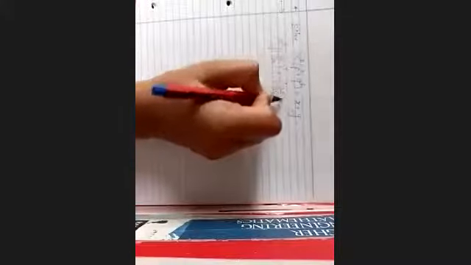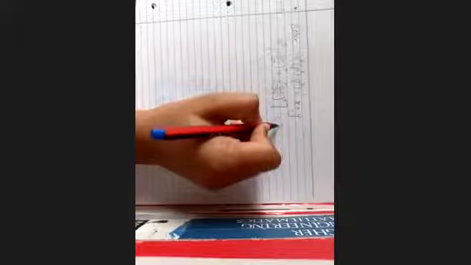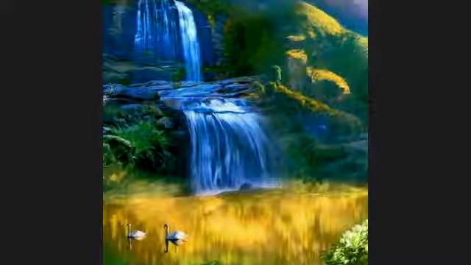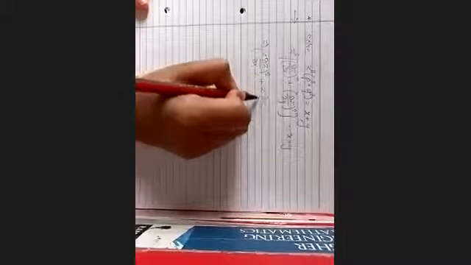p is dou z by dou x squared, q is dou z by dou y squared, equals x plus y. So z squared will go inside the bracket: z dou z by dou x squared, and the same here, z dou z by dou y squared, is x plus y.